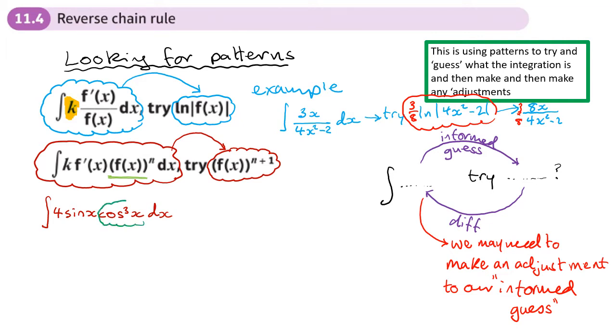So f of x would be cos x, I've got cos x cubed, and then this bit here, well, that's cos differentiated. I know the sign is not right and there's no 4, but we can deal with that. That's like the k part. So if we get something like that, what we're going to do is try the function that's to the power, which is cos. So we're going to try cos to the 4.